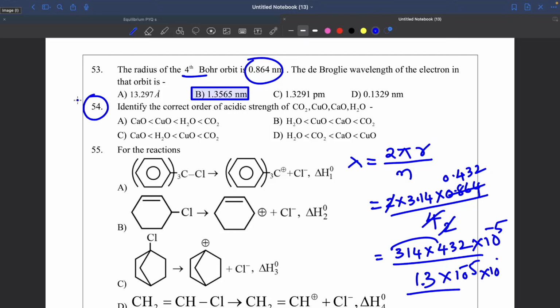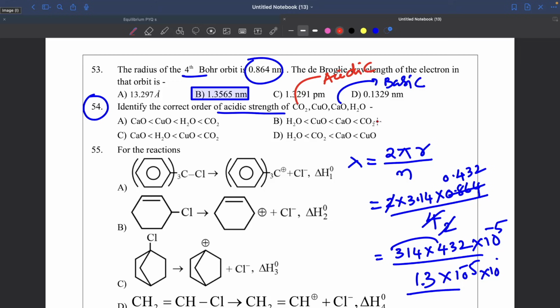Next, 54: identify the correct acidic strength order of CO2, CuO, CaO and H2O. The order is very simple. We know that CaO is the most basic and the most acidic should be CO2.